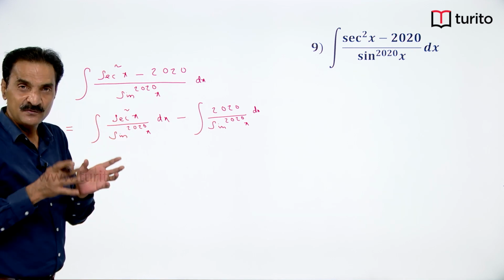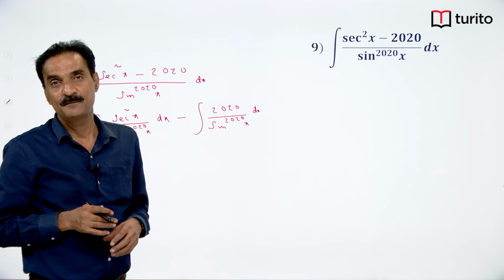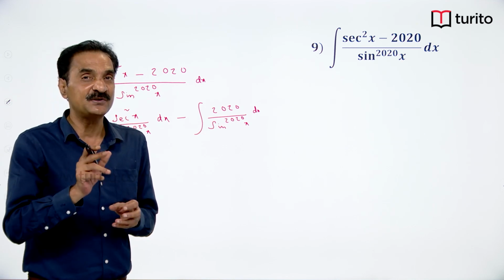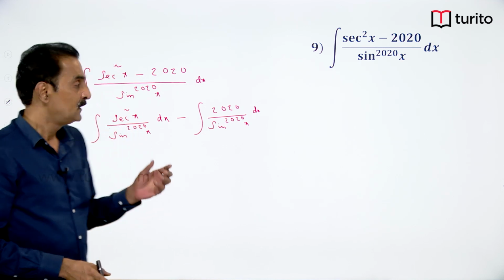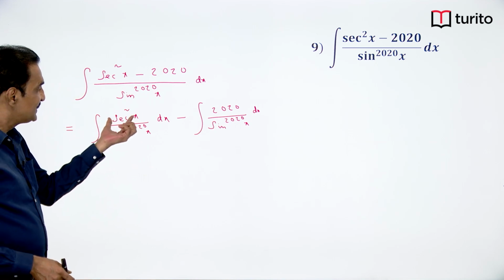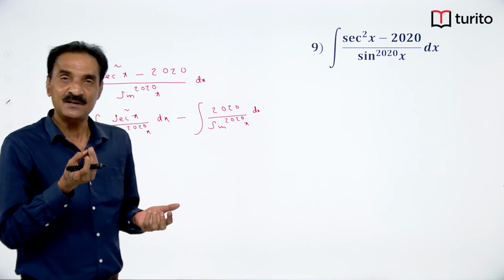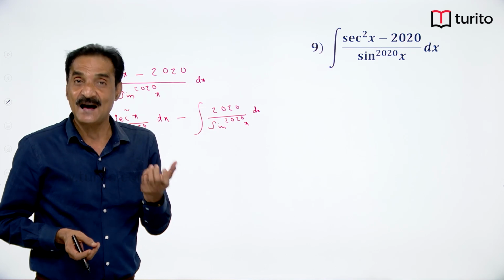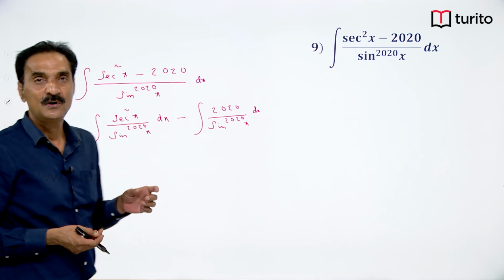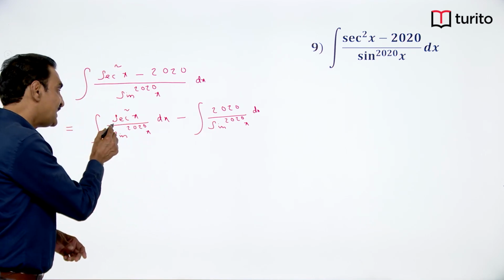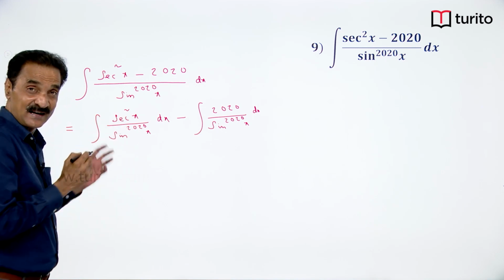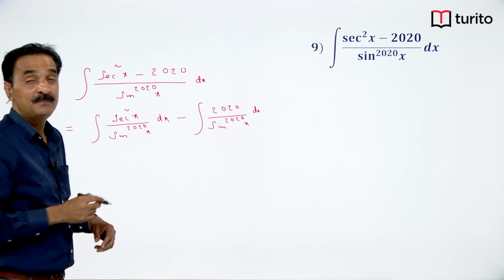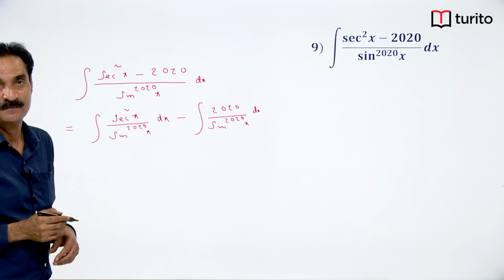For integration by parts, we have to select first function and second function, but the second function should be a function whose integral is known. So, clearly secant square x is a function whose integral is tan x, it is known. So, let us integrate by parts by taking secant square x as second function and 1 by sin power 2020 x as first function.